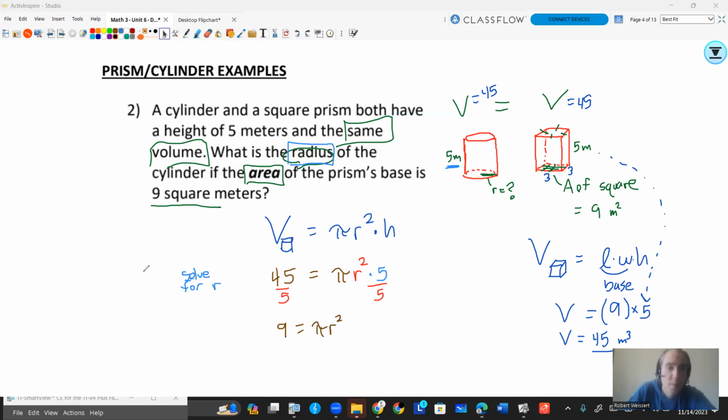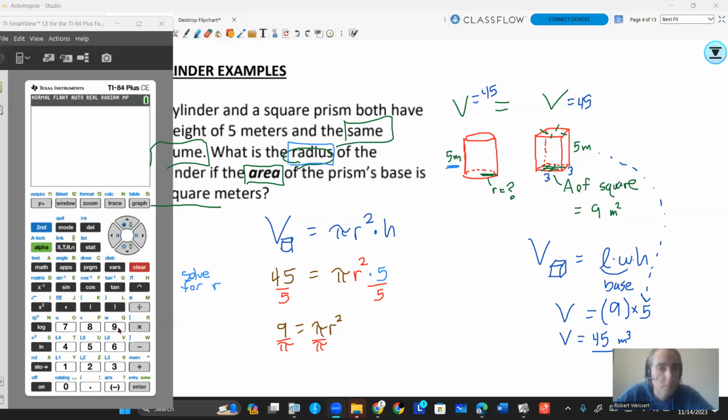So we're going to have to undo that pi by dividing by pi on both sides. That's going to be a little calculator work, so put that in your calculator and see what you get. 9 divided by pi is approximately 2.86.